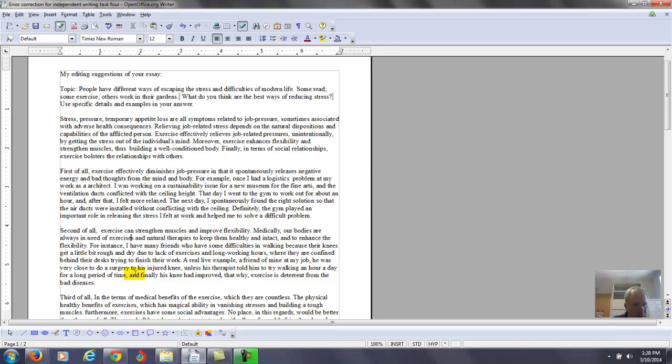His therapist told him to try walking an hour a day for long periods of time to see if the knee would develop a higher range of motion. I'm going to say fortunately, that might help here.